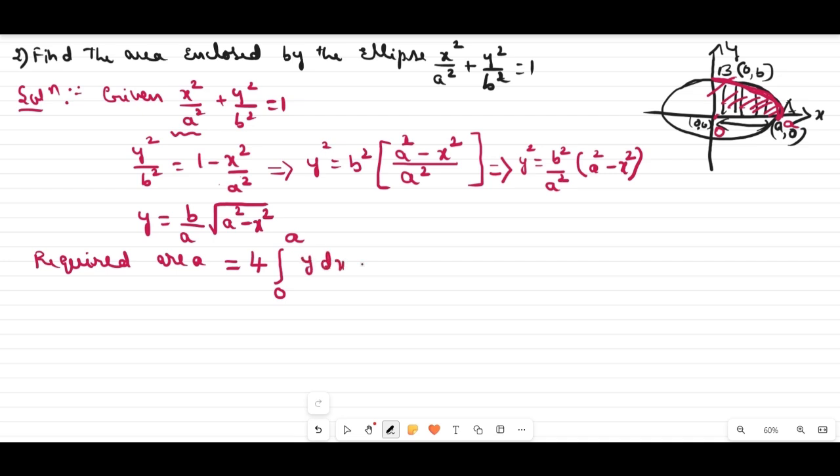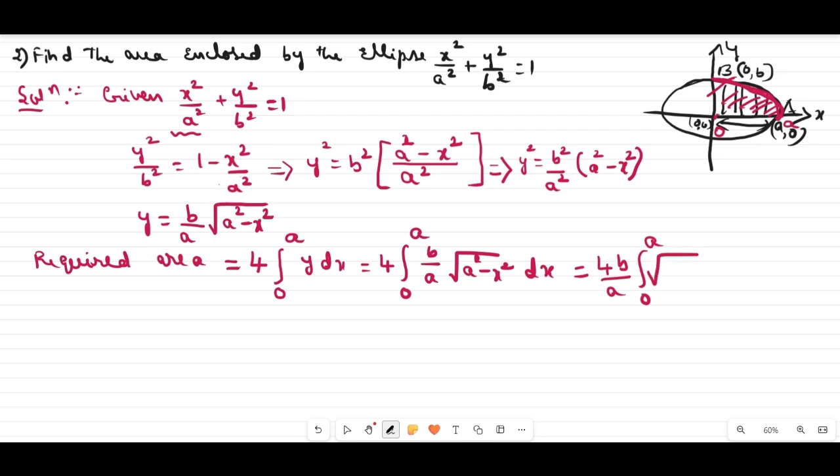As you know the y value, substitute over there: integral from 0 to a, b by a into root of a square minus x square. Now see here, b by a is a constant, so I will take it outside the integral. For b by a, integral from 0 to a of root of a square minus x square. As you know the formula for root of a square minus x square, apply that formula.